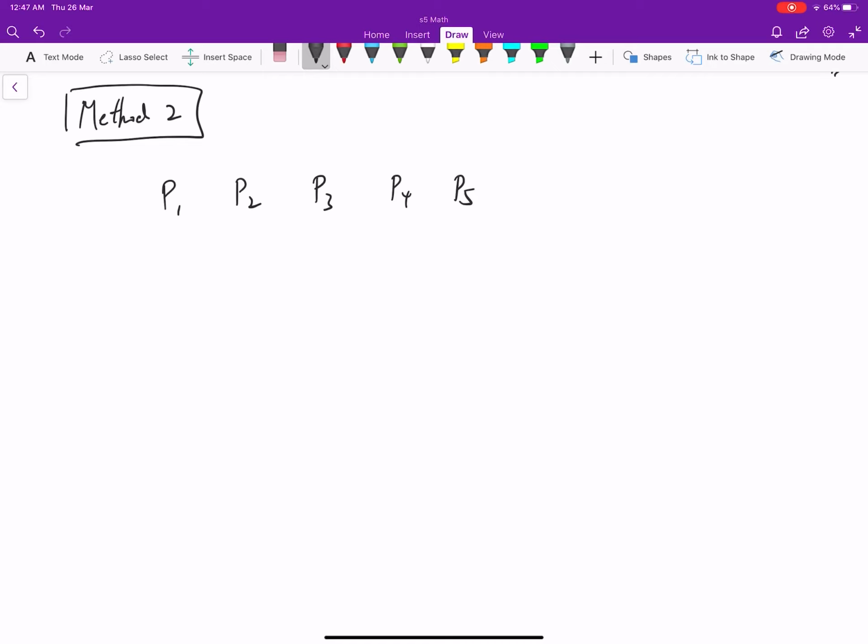If you assign Joe first, you can assign Joe here, or between P1 and P2, or between P2 and P3, or this. So in this case for Joe, you have 6 choices, right?